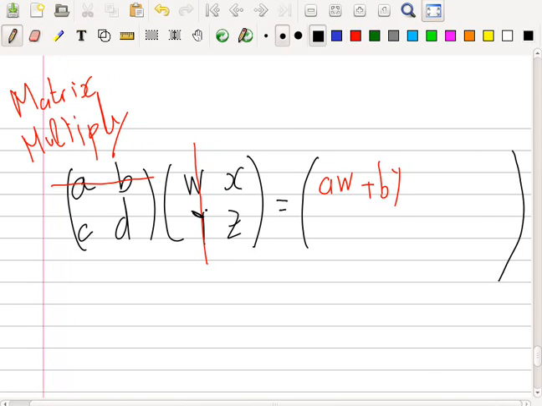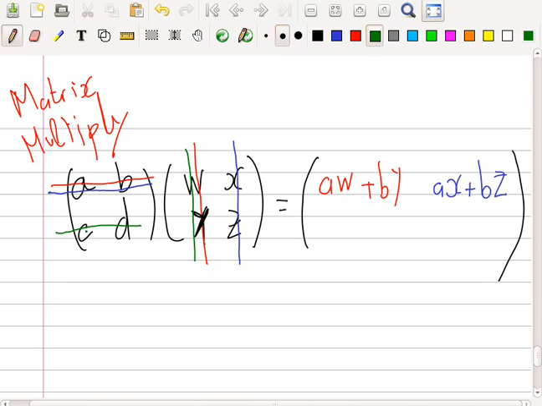So A times W plus B times Y. Then for the next one, what you do is you take the same two here and multiply it by these two. What do you get? AX plus BZ. Then you take these two and multiply them by these two.